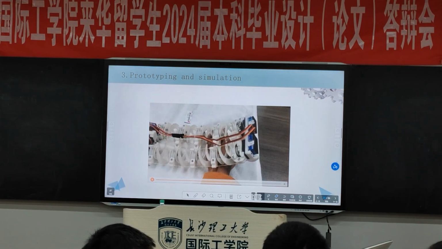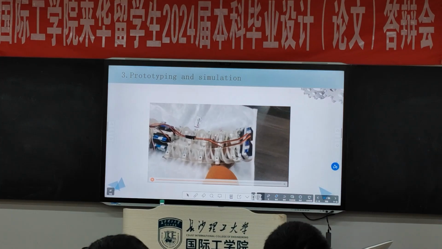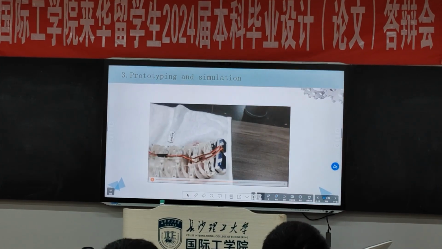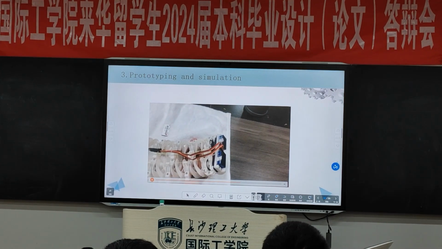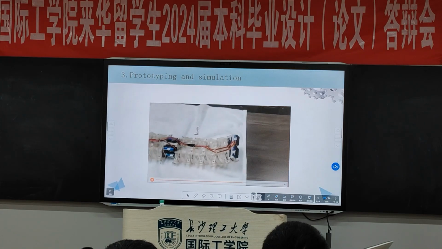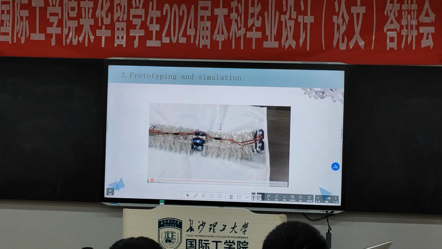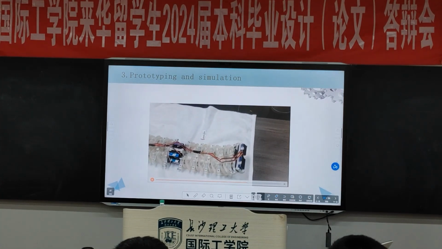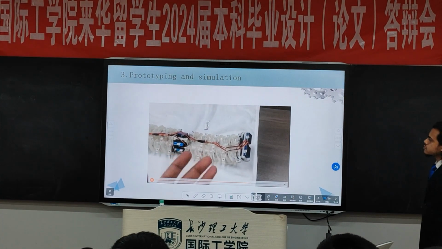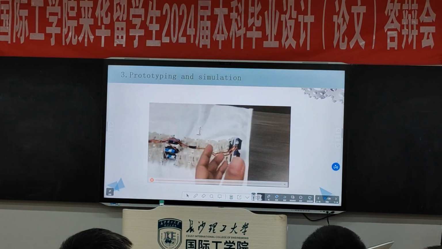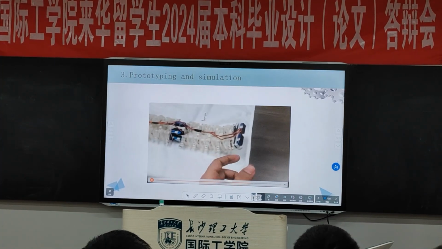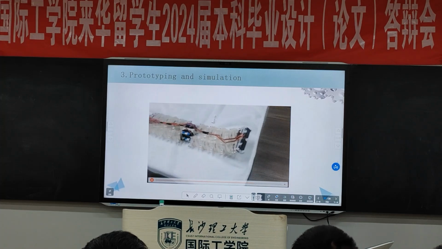You can see in front of my hand, it already went over it. In this way, in any obstacle situation, any difficult situation, a situation that a robot cannot enter, it can easily enter through it.